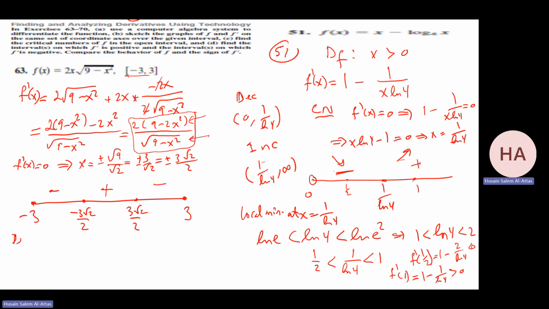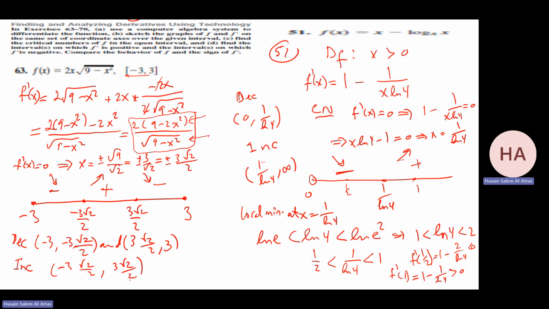So it's decreasing from minus 3 to minus 3 square root 2 over 2, and increasing, and decreasing from 3 square root 2 over 2 to 3.